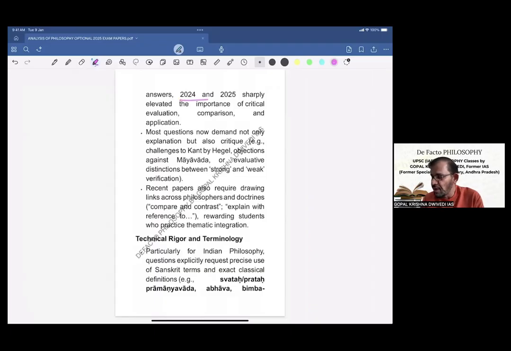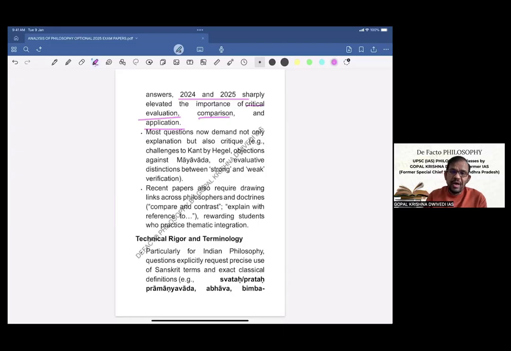But 2024 slightly, and 2025 more, sharply elevate the importance of critical evaluation, comparison, and application. So from descriptive, it has moved to a more analytical kind of paper. The trend has gradually increased from 23, 24, to 25, and in 2025 it has the maximum of that kind of questions.